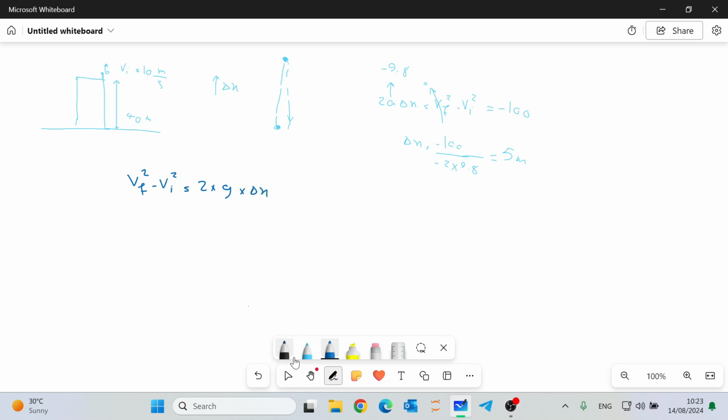Here we know again that vi is 0, because the ball would go up here, stand for a moment. Then it starts coming down under the force of the earth with the acceleration g equals 9.8.